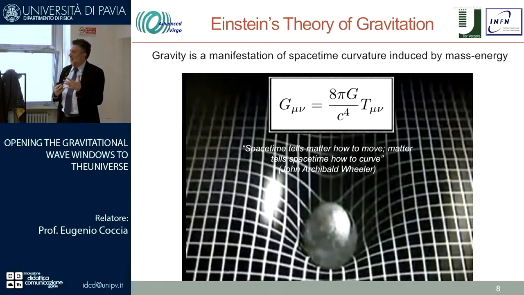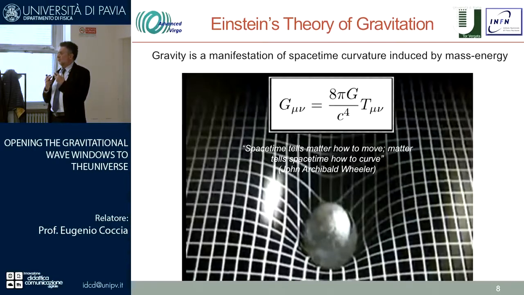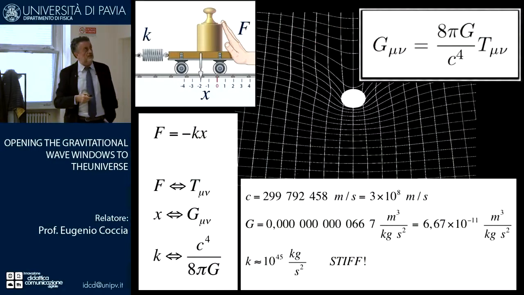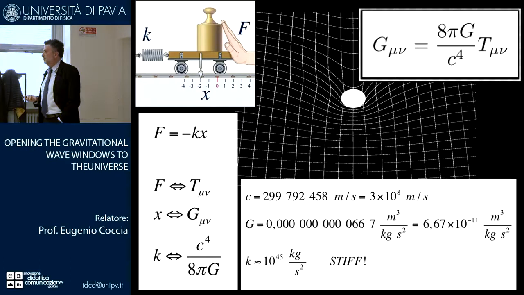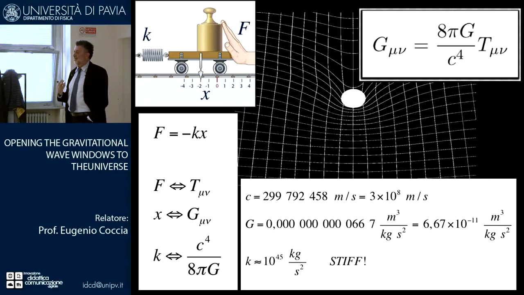But let me make a simple comparison just to understand what we are speaking of. The comparison which I made is this equation with another equation which all the students should know. I think it's much more simple. It's the equation of a spring and a mass.